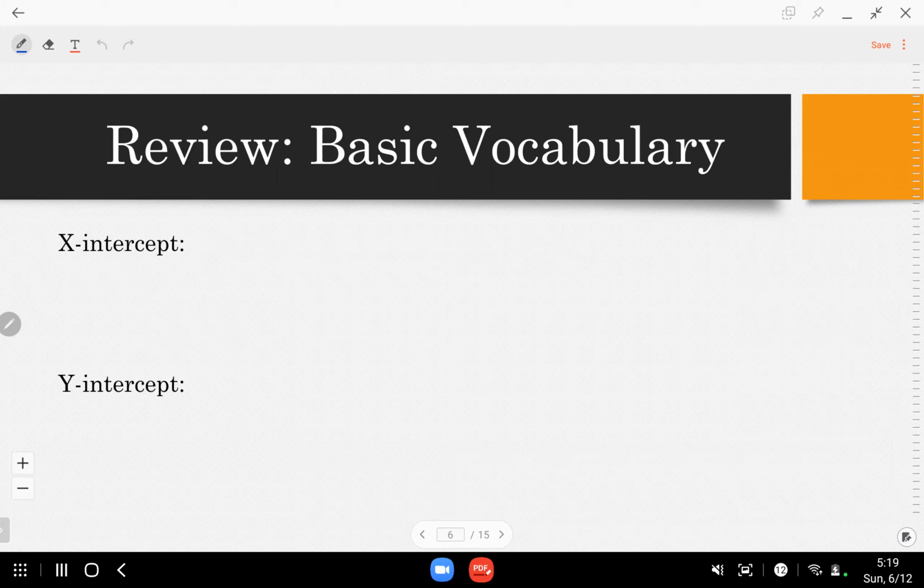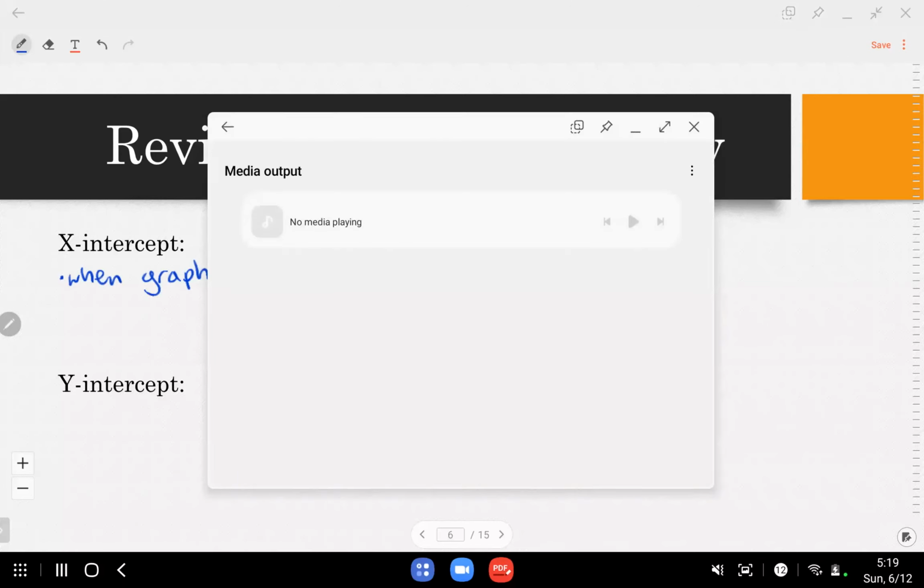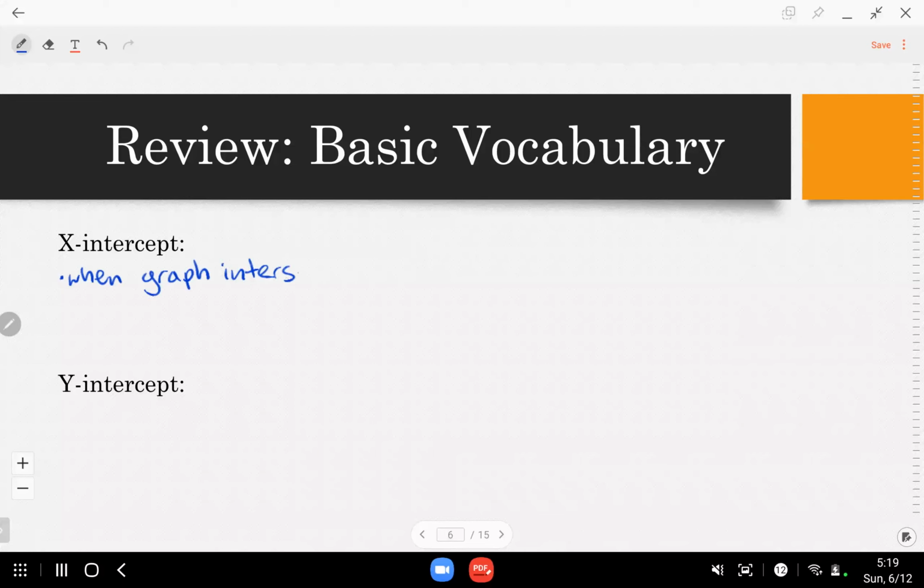All right. So for the x-intercept, what does that mean? That is when the graph intersects the x-axis, all right? And you see here, it's like this.